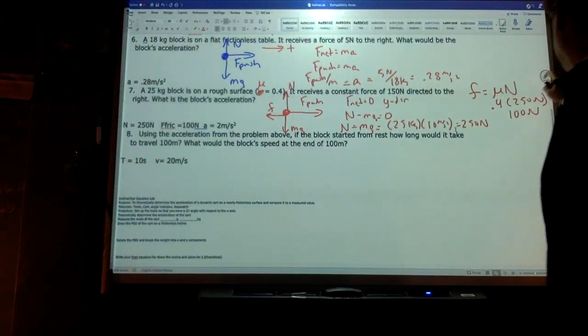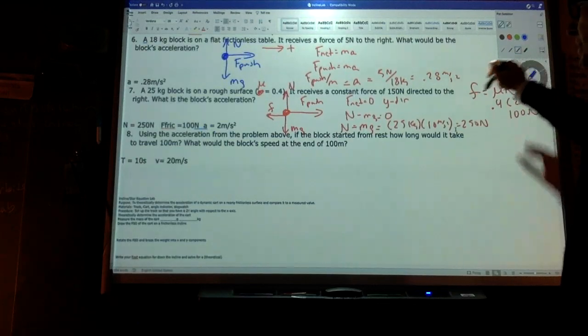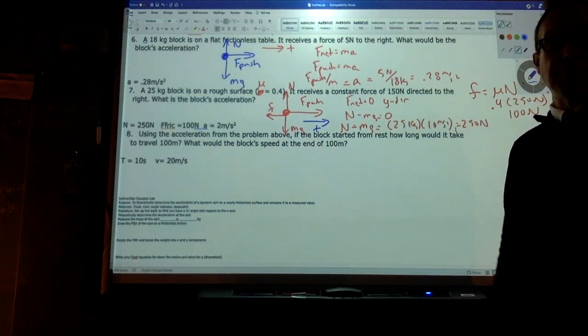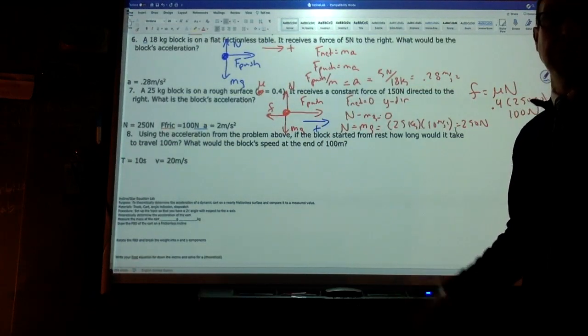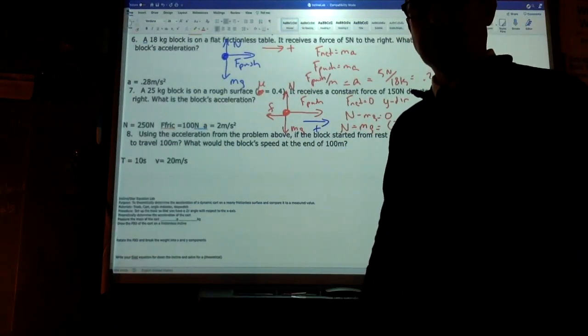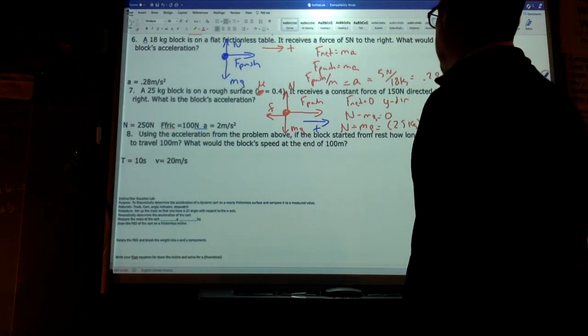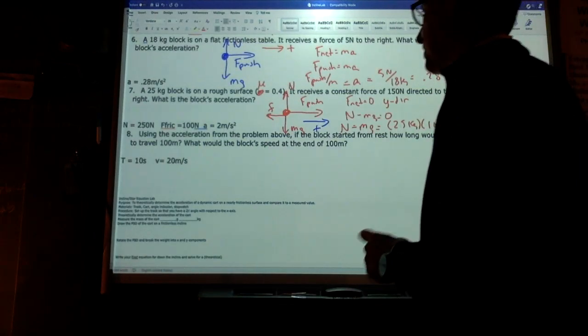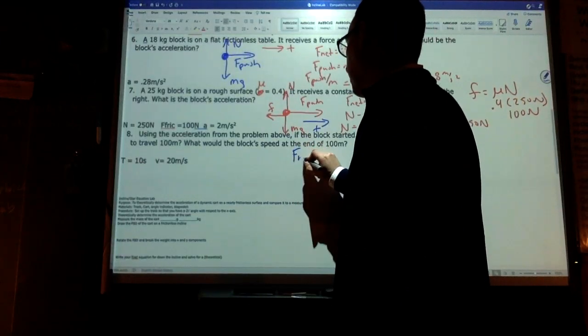All right, so I'm going to pick the direction that it goes to be the positive direction, which happens to be the right in this case, but it could be left depending on how it is written for you. You can make that positive. And I'm going to say Fnet equals ma.